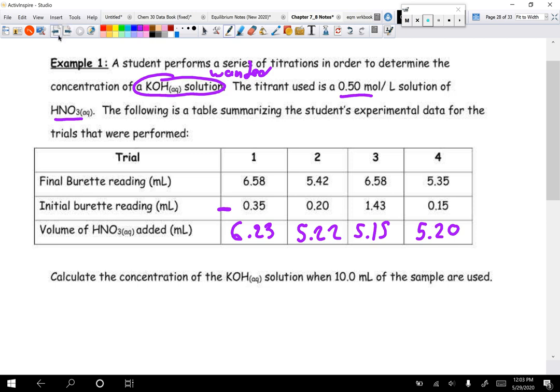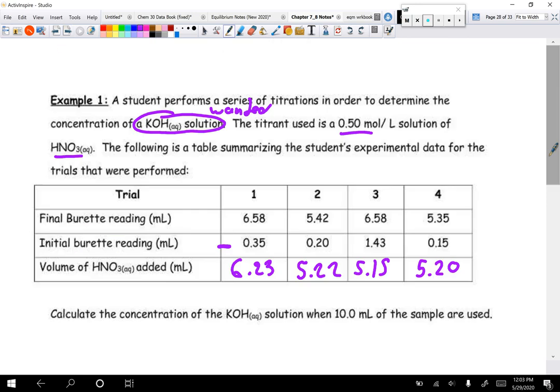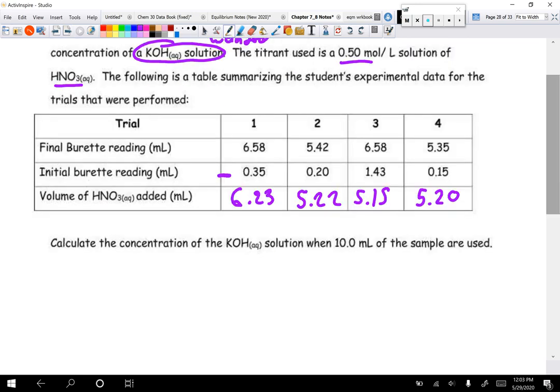Now, when we go back to our previous page, it said that we use 3 trials that were results within a range of 0.2 milliliters of each other. That just means that we narrow in on the most precise ones.